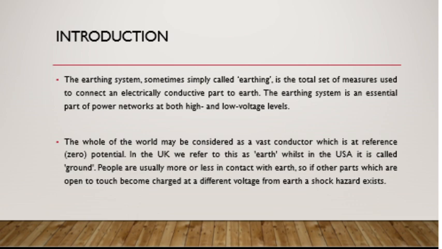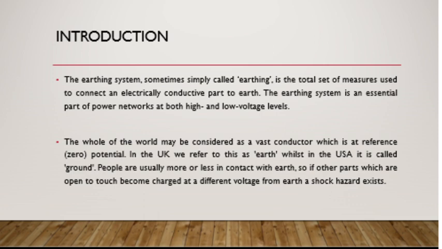So to reduce that, we have to have a proper earthing system at our domestic level also, and at our industrial level too. But the basic question is, somewhere we say earthing, and somewhere we say grounding. The reason is already mentioned in this slide: the whole of the world may be considered as a vast conductor which is at a reference zero potential.